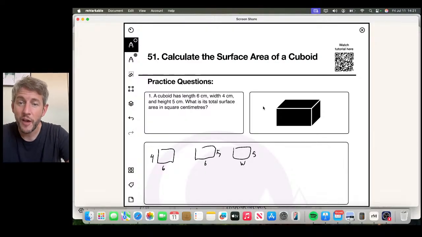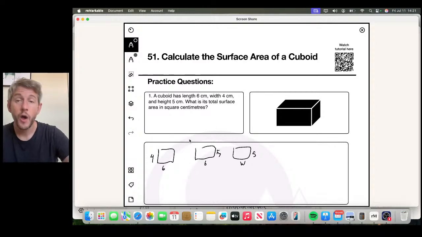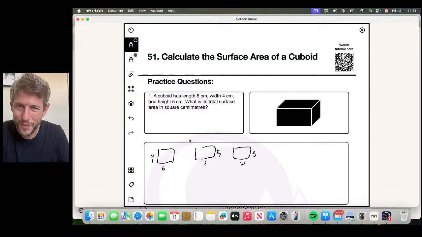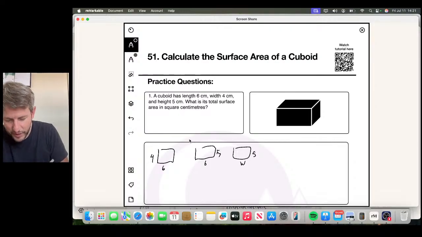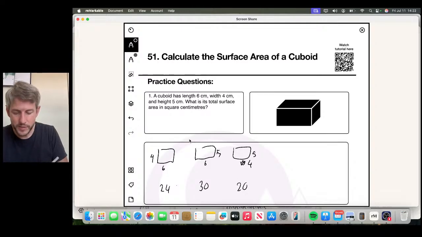To find the area of a rectangle, you just multiply the 2 dimensions together, whatever they may be. So in this case we're going to have 24, this one's going to be 30, and this one will be, the width was 4, so 20. Then we can add these together.